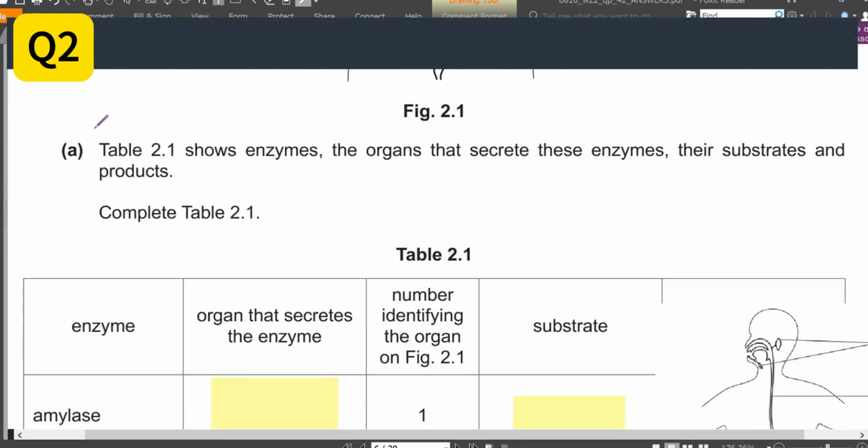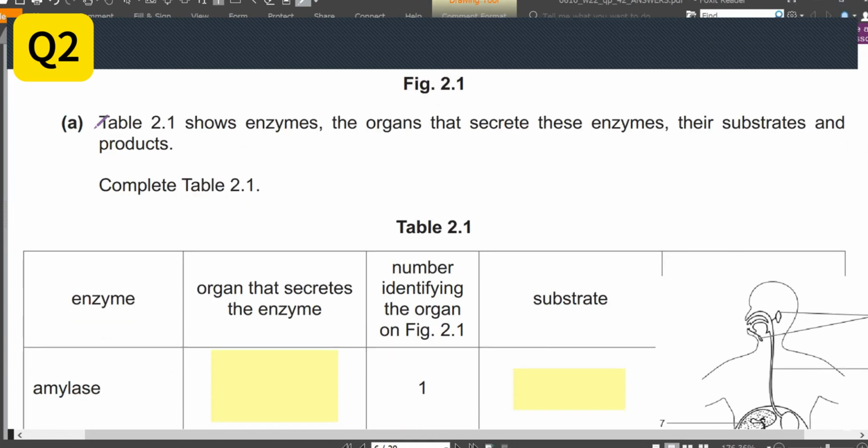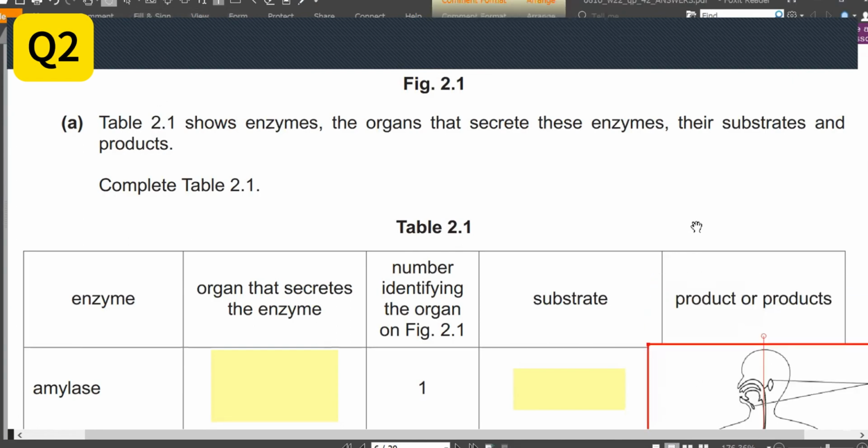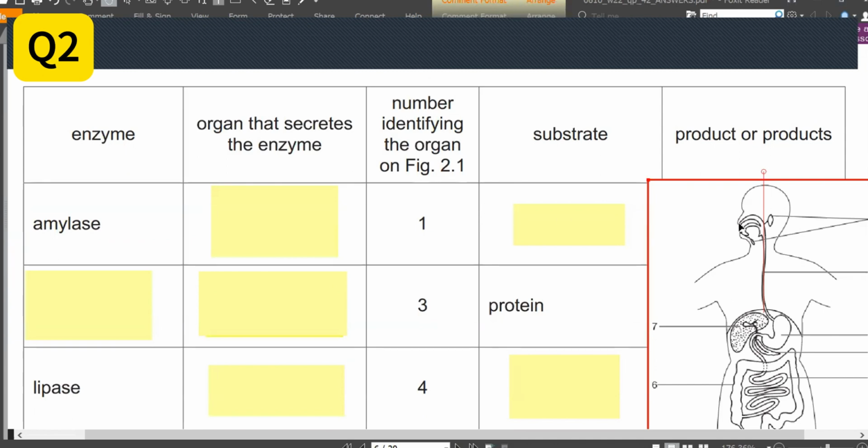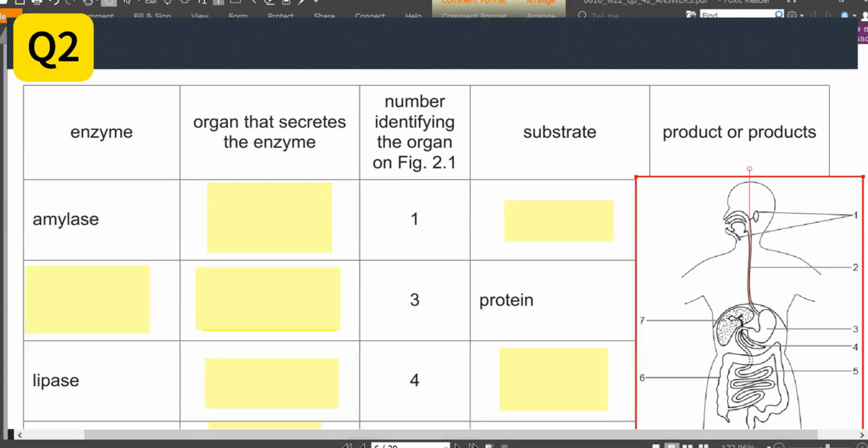Here we have a table that shows enzymes, the organs that secrete these enzymes, their substrate and products. Some of the main components we need to pay attention to in this chapter, the digestive system. We can go through one by one.